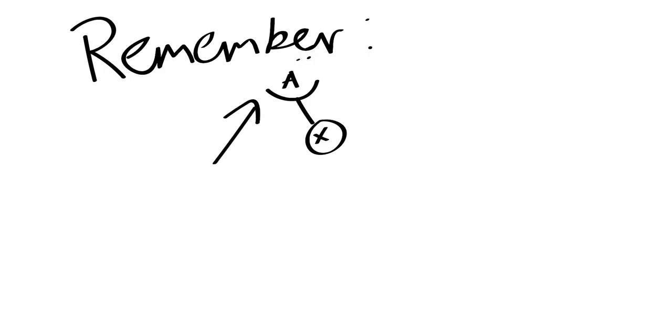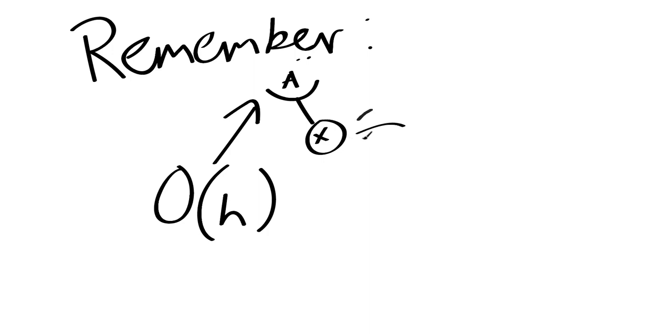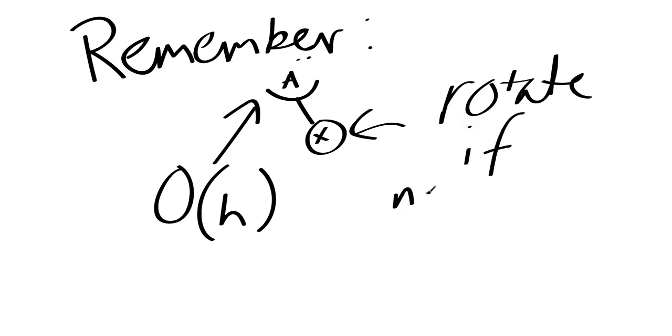We need to go up the chain of ancestors, which is O of H, and update the balance factors on those ancestors, because this insertion might have changed them. It could be the case that inserting X did not change the balance factors, but it could also cause a change so that we might have broken the AVL invariant. So what do we do? We rotate if necessary.